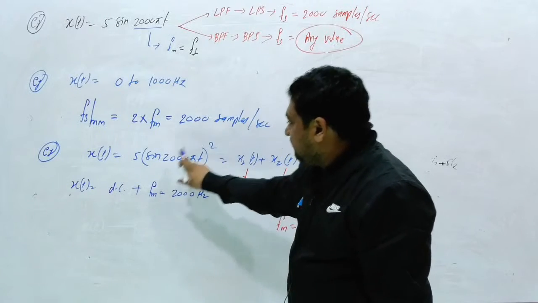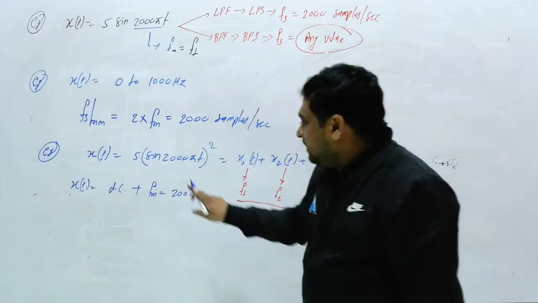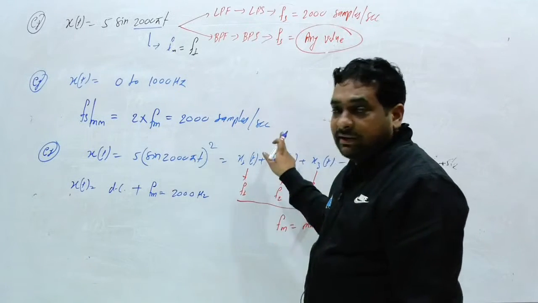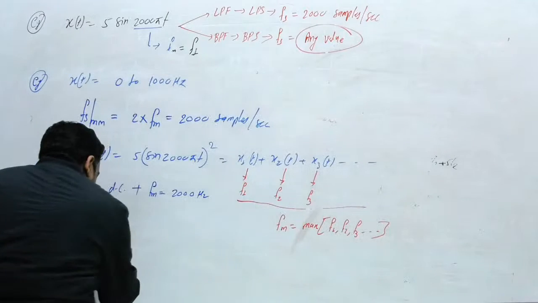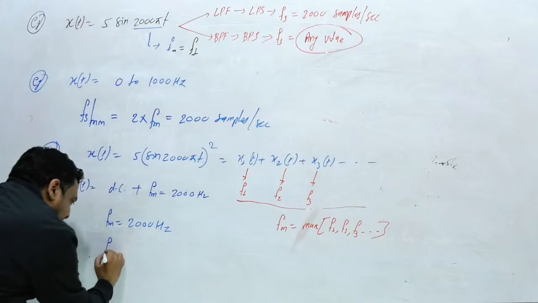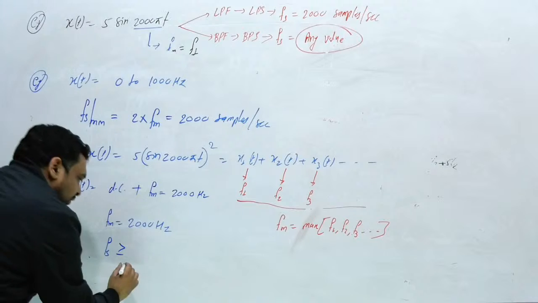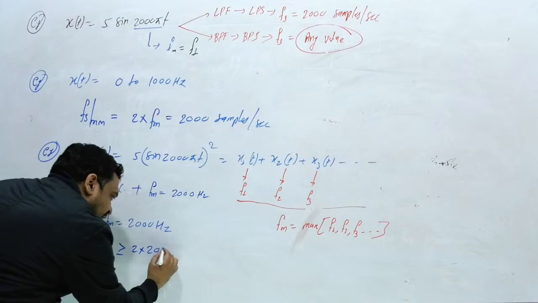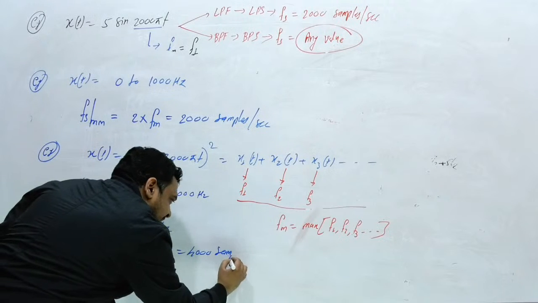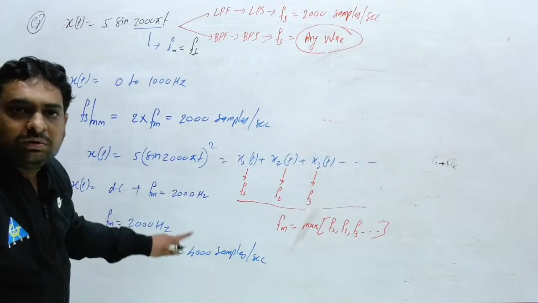Here sin square theta is (1 minus cos 2 theta) by 2. So here you will get cos 2 theta, and from cos 2 theta the frequency will be double. So what will be the FM here? FM will be 2000 Hertz. What will be the sampling frequency? It should be greater than or equal to 2 into 2000, this is 4000 samples per second, if you assume low pass sampling.